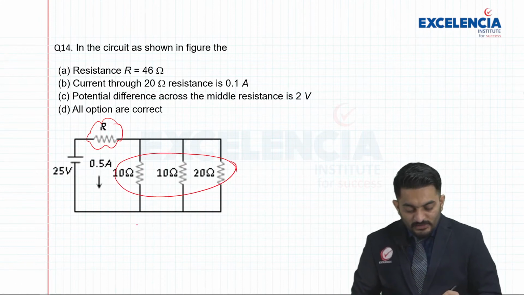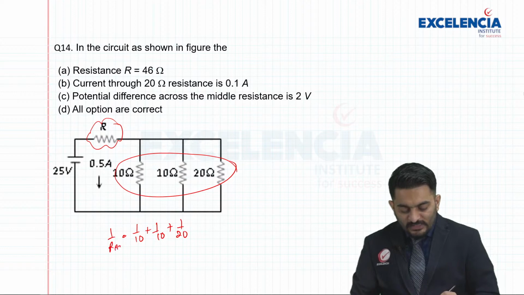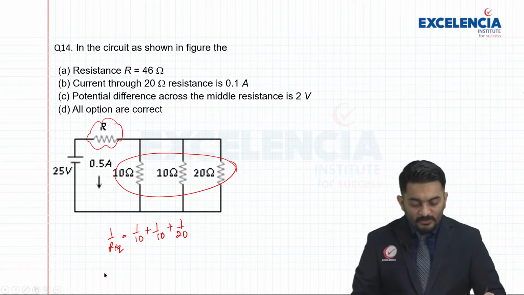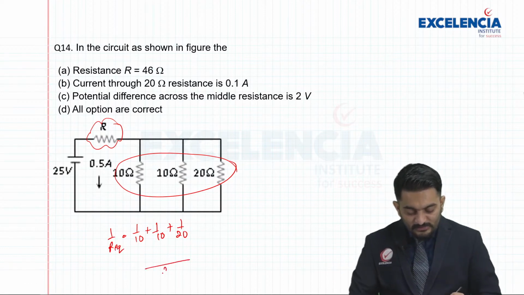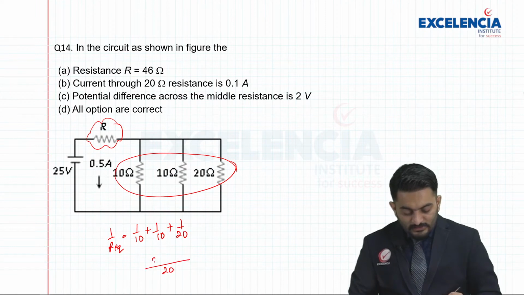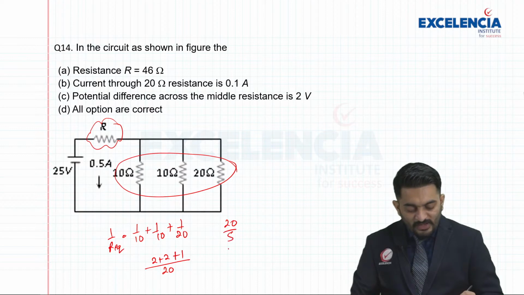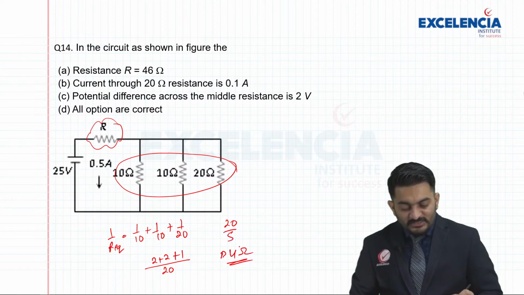Okay, now to calculate the resistance value, these three are in parallel. So 1 by 10 plus 1 by 10 plus 1 by 20. First you can calculate this R equivalent value, because the moment you calculate this, you will get 20 by 5, which is 4 ohm. Now 4 ohm is something which you know.